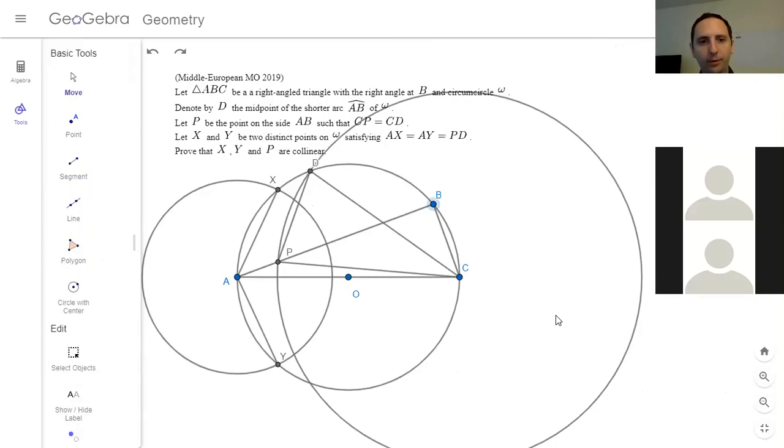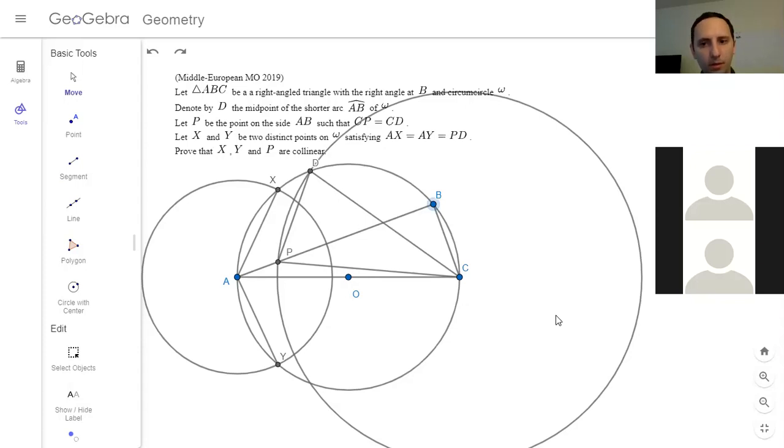So we want to show the powers are the same. Maybe we could use Casey's theorem, but that would be a little tricky here. Maybe due to different angles and lengths being interchanged, we can try using sine law or something.